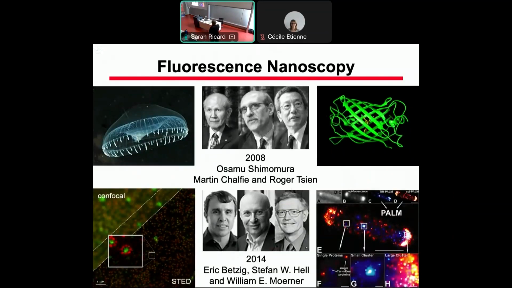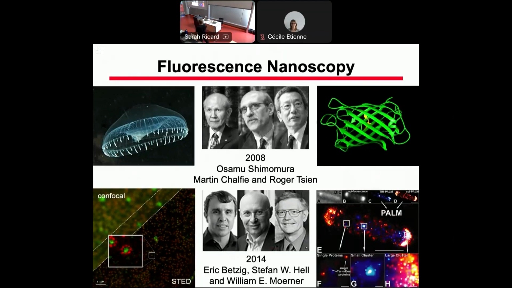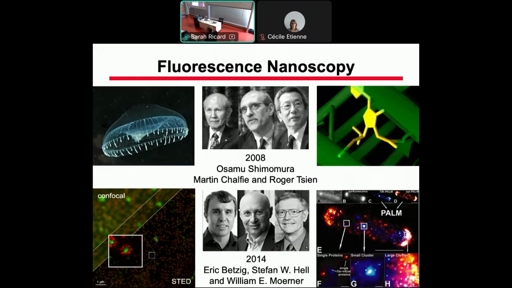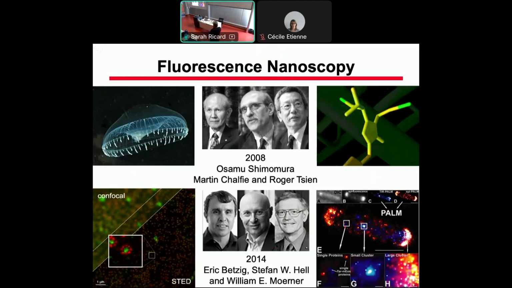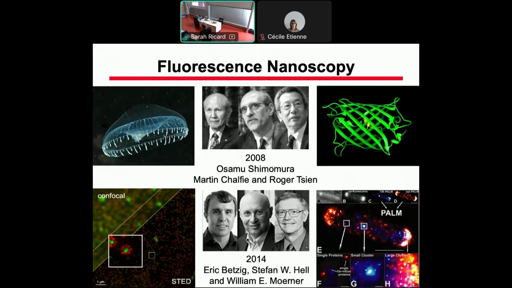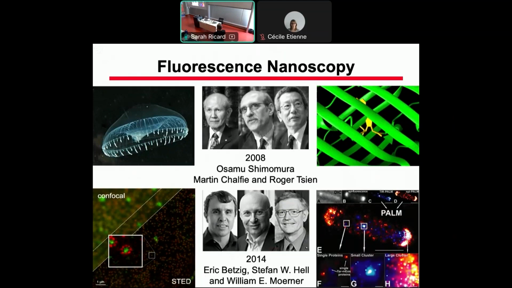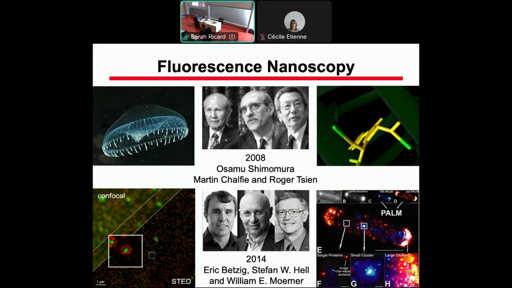That was awarded by two Nobel Prizes. The discovery of GFP, green fluorescent protein, and then its modification, which allows labeling of living organisms, and the super resolution, which was promoted by Eric Betzig and Stefan Hell, with more work on single molecule fluorescence.